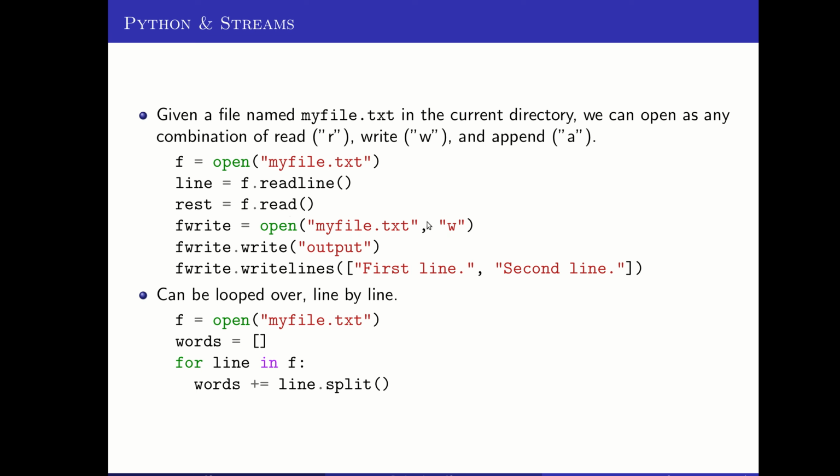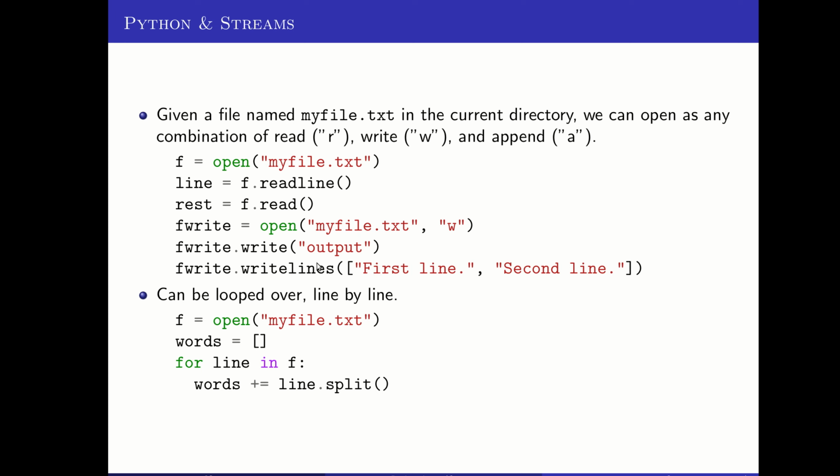I opened a writing version of the file. I'm going to be overwriting things because I didn't choose to append, which may be desired behavior there. So I can write a single string this way, and I can even write things as their own lines. So if I had a list of all of my data points from some simulation I had been doing, I could just put that list into a call to writelines, and it will add new lines after each item in the list as it writes them out.